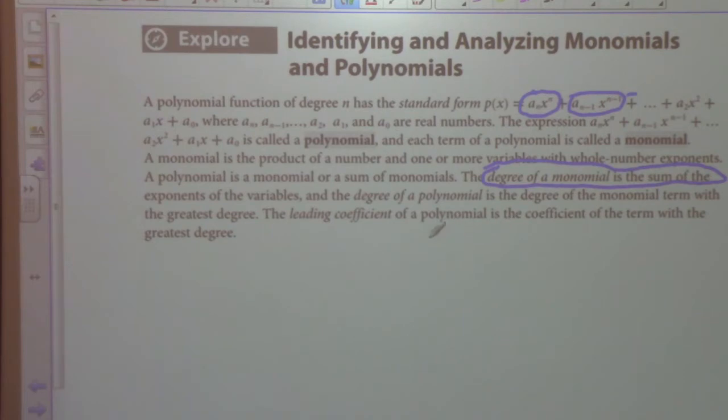Appreciate that. Another thing is the degree of a polynomial. The degree is the degree of the monomial term with the greatest degree. The leading coefficient of a polynomial is the coefficient of that term with the greatest degree. Usually you'll write in standard form monomials with their powers in descending order from the greatest to the least.